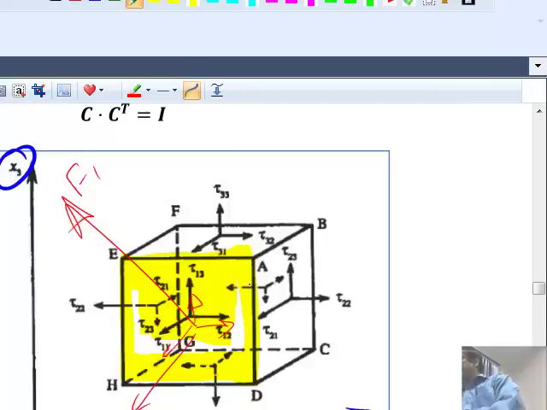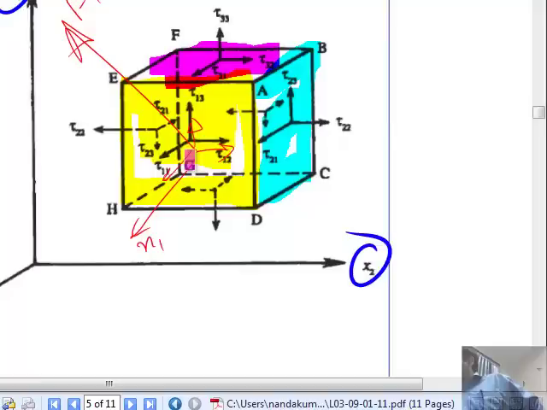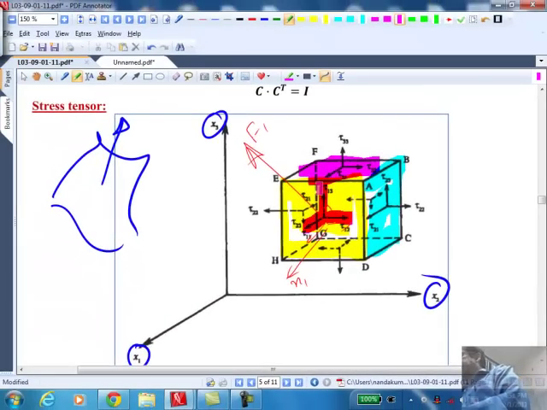Okay, here is another surface, and there is another surface. So on each one of the surfaces in this figure, we are identifying what are the forces. For example, this force is tau 11, this force is tau 12, that force is tau 13. So the first index refers to what? Direction of the surface.